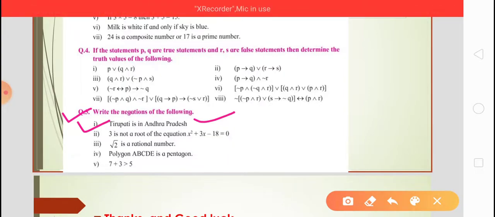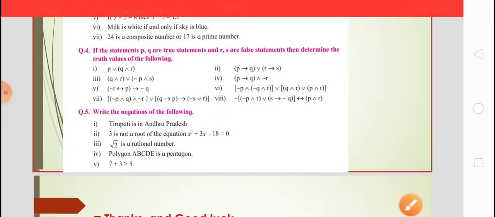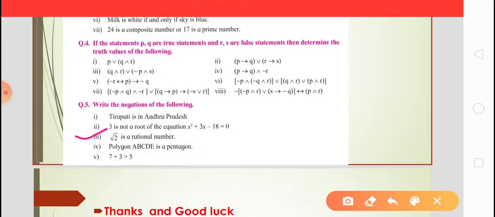So next example: 3 is not a root of the equation x square plus 3x minus 18 equal to 0. Here not is given, so the negation of this statement is: 3 is a root of the equation x square plus 3x minus 18 equal to 0. Okay friends, let us take another example: root of 2 is a rational number. Is there a not? No. So the negation of that statement is: root of 2 is not a rational number.